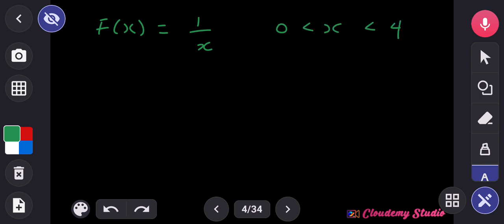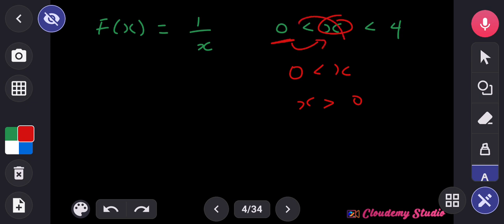What we are trying to say is that x starts from a number that is greater than 0 and stops at a number that is less than 4. Because if 0 is less than x, it means that x is greater than 0. And x is less than 4. So the numbers that we are looking for are numbers that are greater than 0 but less than 4.